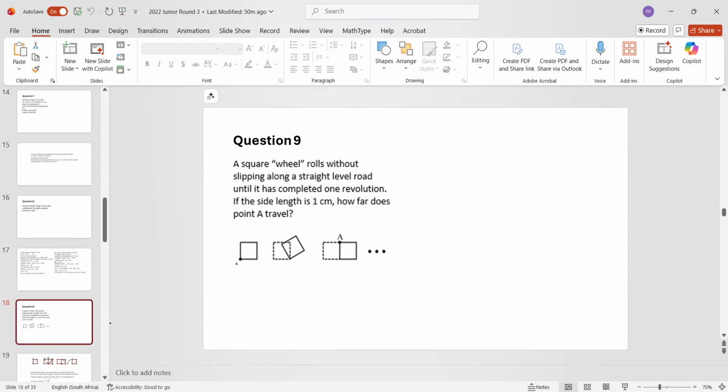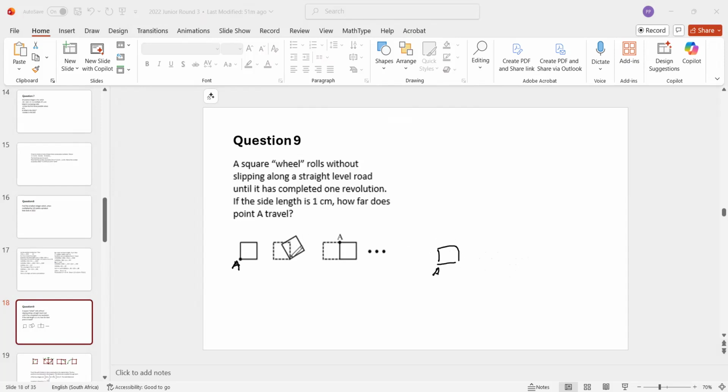There's a small A here in this corner, until it has completed one revolution. In other words, in the end, A comes back to its original position. That'll give you one revolution.